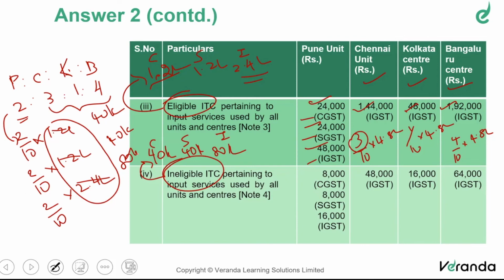Is that right? Correct. As far as the other 3 are concerned, we can just add up the 3 numbers, which comes to 1,60,000, 1.6 lakhs. Again multiplied by 3 by 10, 1 by 10, and 4 by 10.